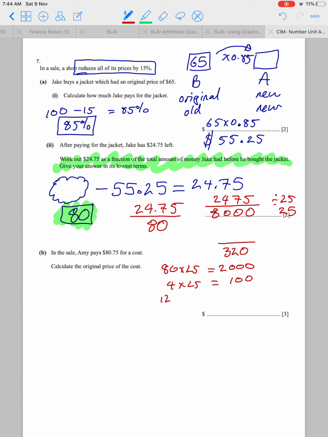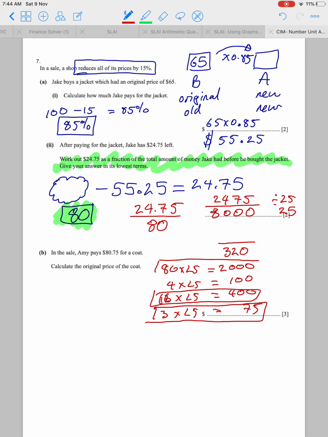Sixteen 25s is 400, and then three 25s is 75. So we need this, this, and this. That's 80, 96, 99. Okay, so that should get you there.